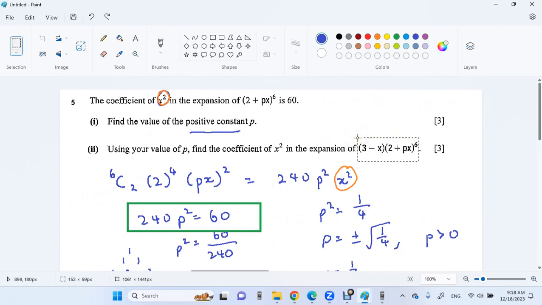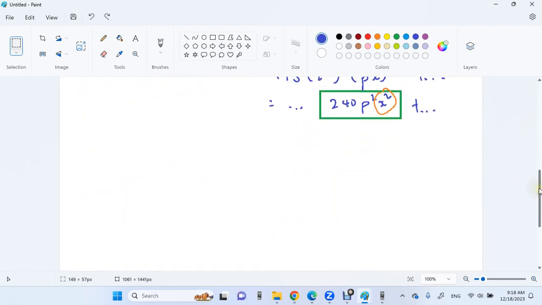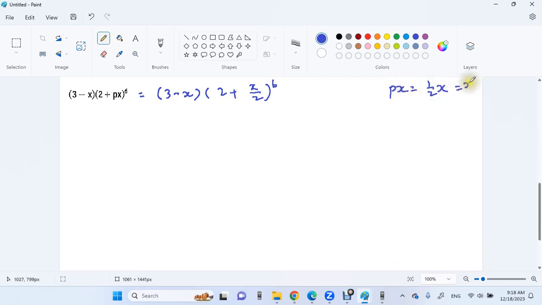So what we have is (3 - x)(2 + x/2)^6, because px is actually 1 over 2 x, so it's x over 2.